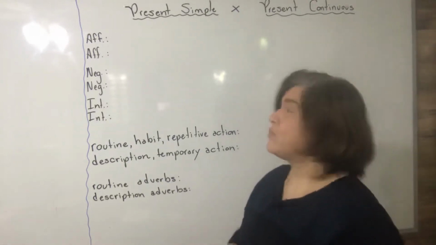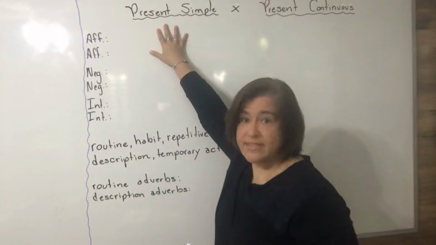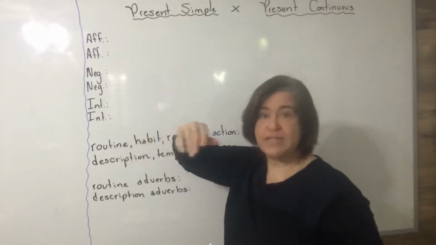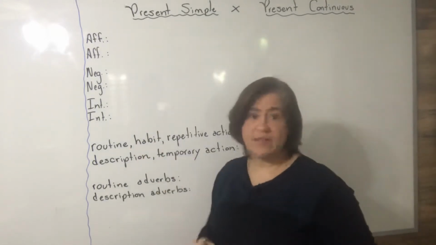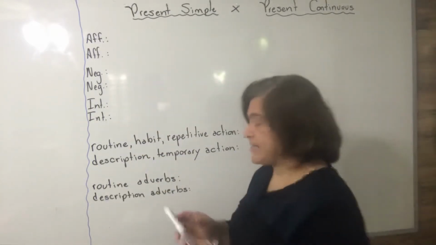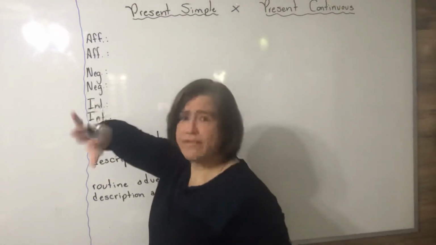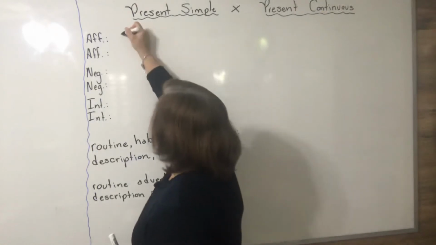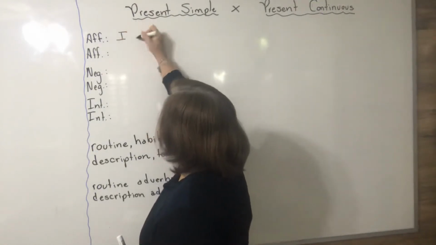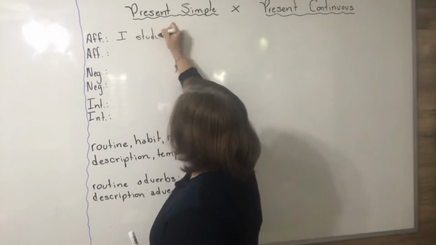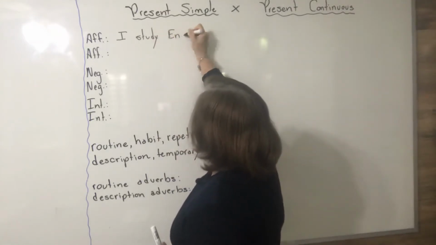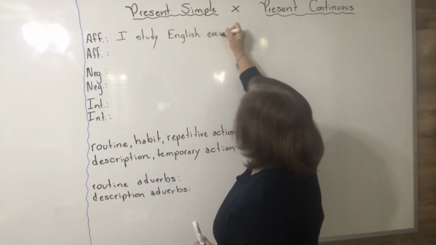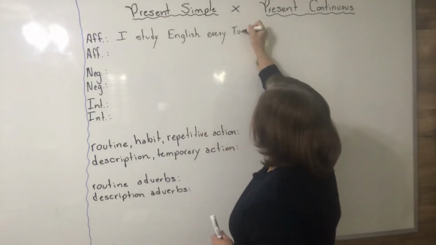When I want to make an affirmative sentence in present simple, we do this kind of sentence. I'm going to write a very simple sentence because we are practicing the form, okay? I study English every Tuesday.